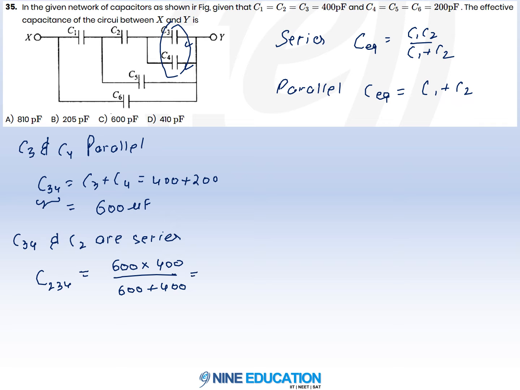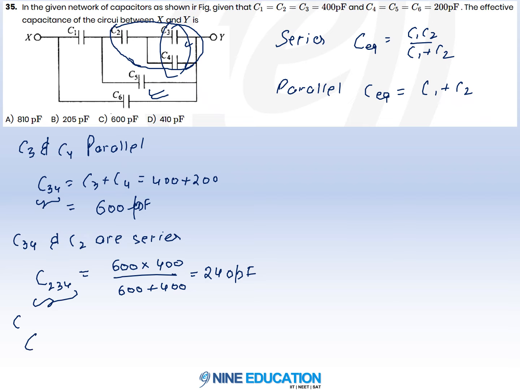So from here you will get 240 picofarad. Okay, this is also picofarad. All right. Now the equivalent of these three is in parallel combination with C5.